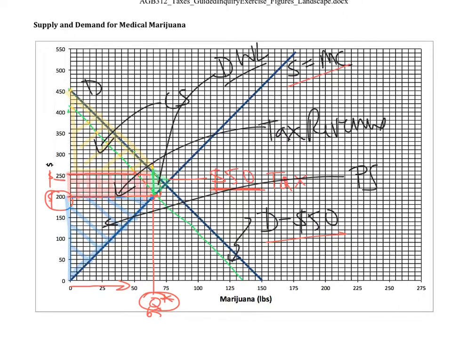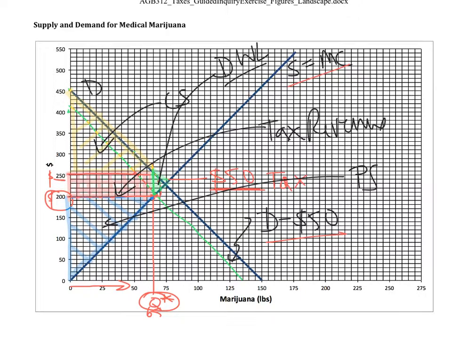So what this is basically saying is that it really doesn't matter if you impose the same tax on either the producers or the consumers, the outcome is going to be exactly the same. And that means that if you look at the statement at the end of the guided inquiry exercise, it says it's not so much a tax on consumers or a tax on producers, it's more a tax on the transaction.